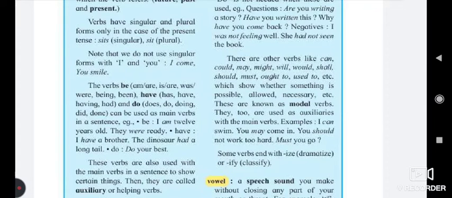These can be used as a main verb in the sentence. For example, I am 12 years old. Here am is the main verb. Then they were ready.